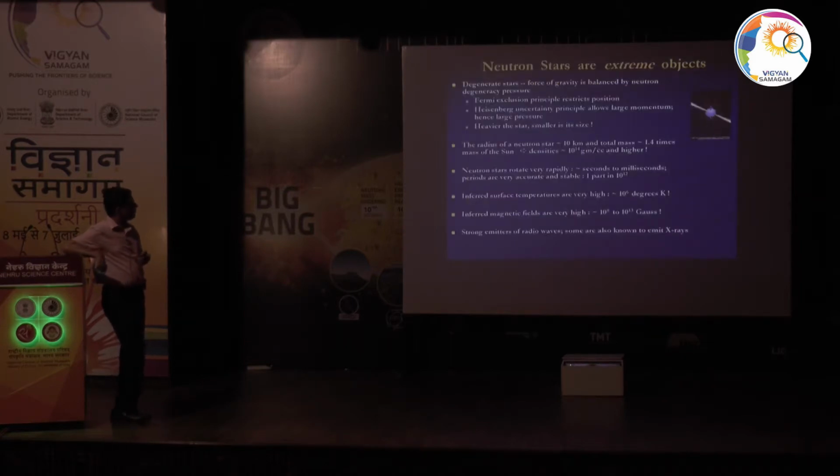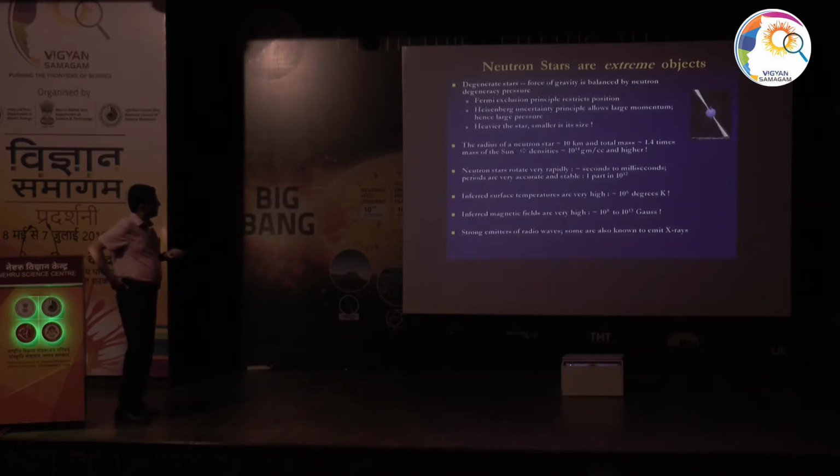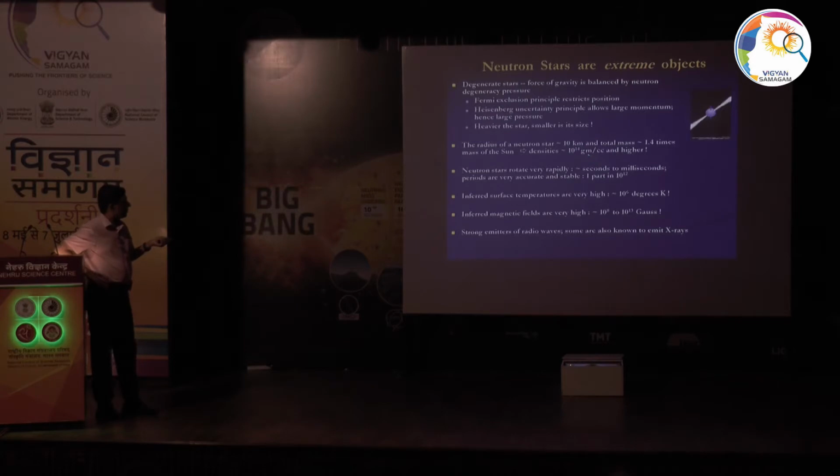And so, when we were to summarize: degeneracy of neutrons holding the core of the star together, 10 kilometer size, 1.4 times the mass of the sun, so very high densities, very high rotation rates.